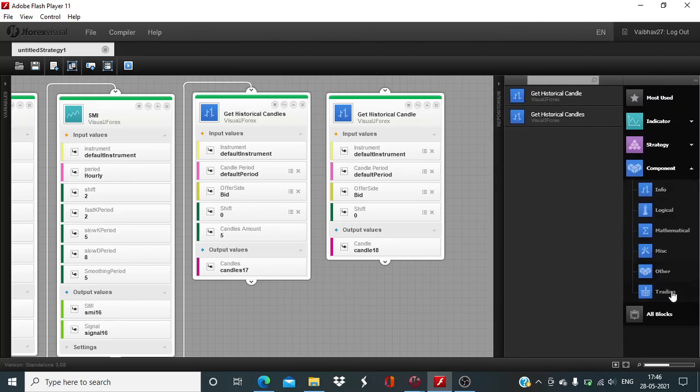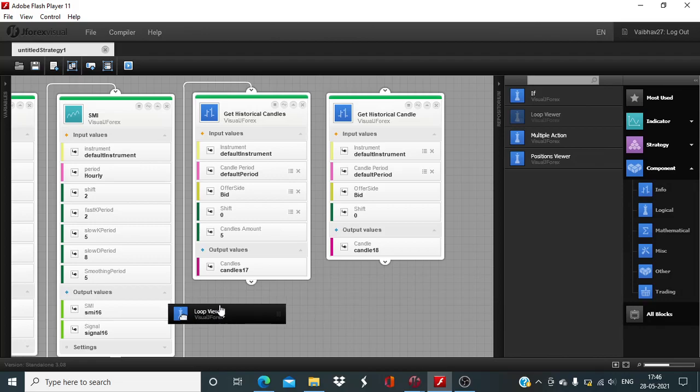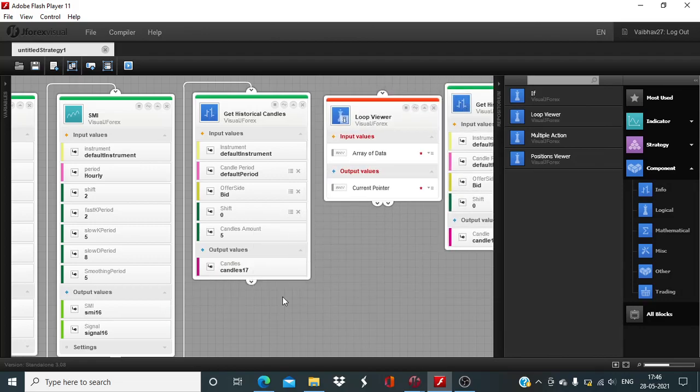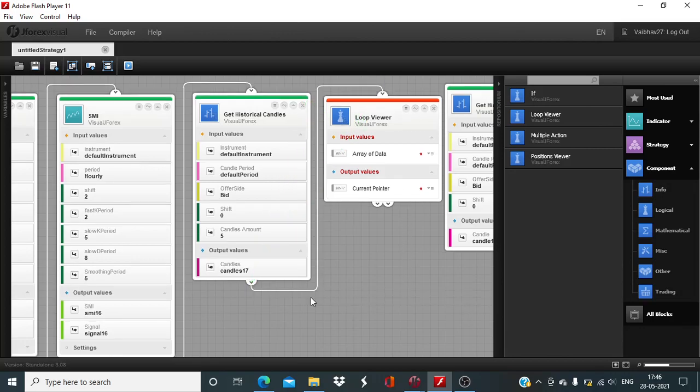We will also need the loop viewer to retrieve the individual components here.